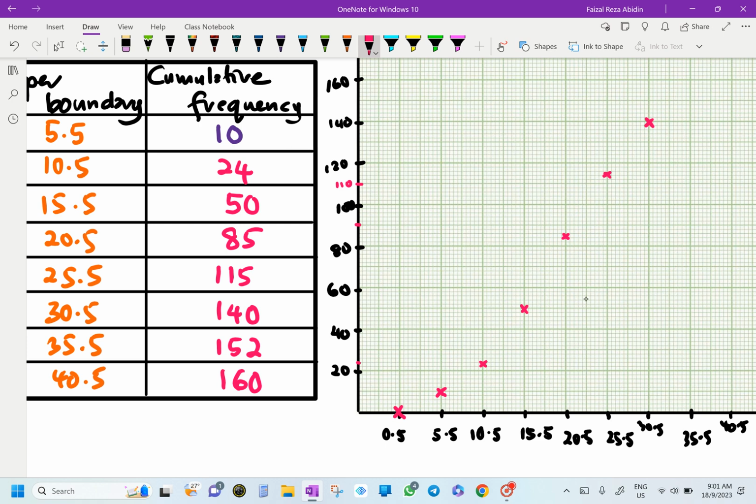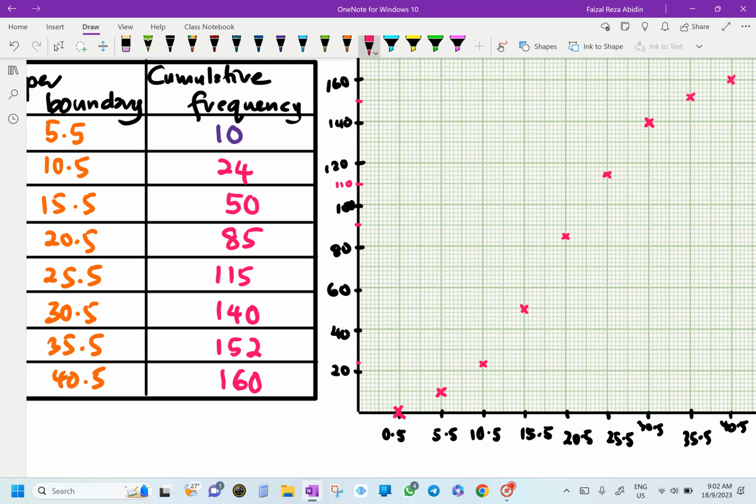So it's going to be 150 over here, so it's going to be 1 square up from 150. And lastly, 40.5, 160. So we are going to plot all the points there.